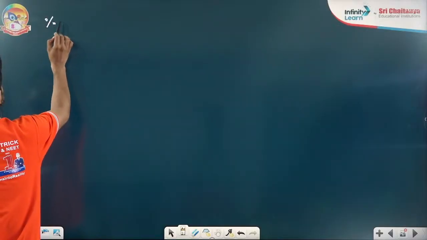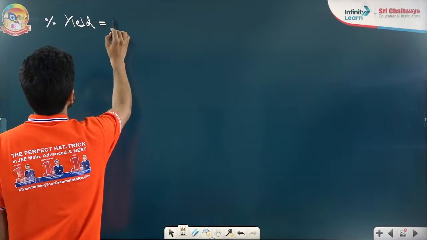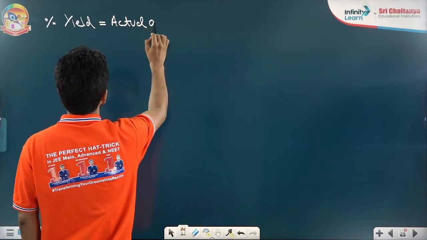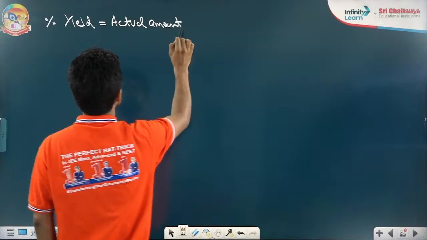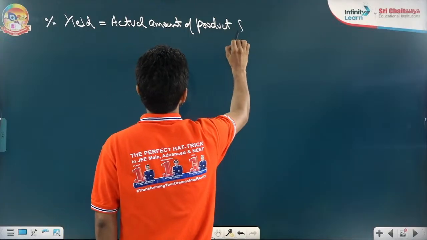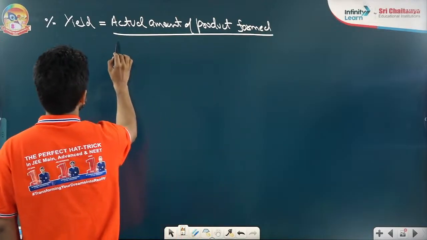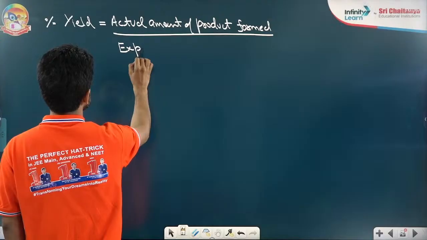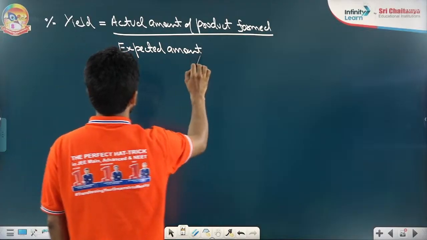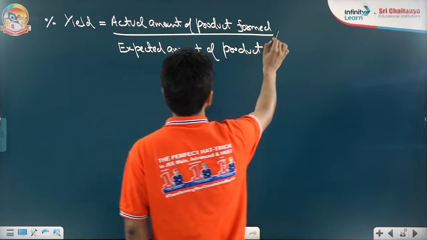It is the actual amount of product formed divided by the expected amount of product into 100.